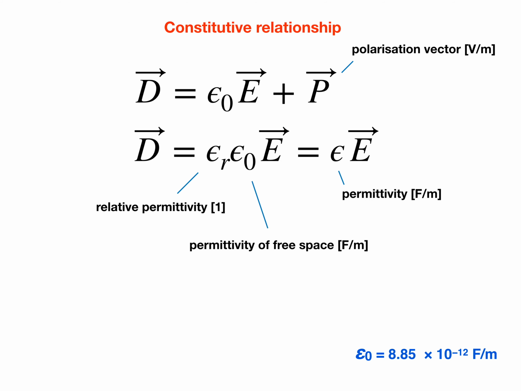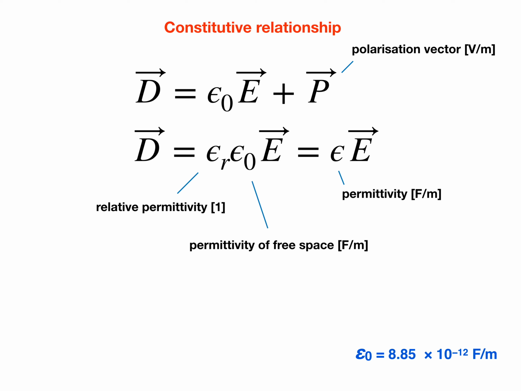For linear and isotropic media, the relationship between electric flux density and electric field strength is fully described by the constitutive relationship D equals epsilon naught times E plus polarization vector, which can be manipulated to read D equals epsilon R epsilon naught times electric field strength, which equals epsilon times electric field strength.